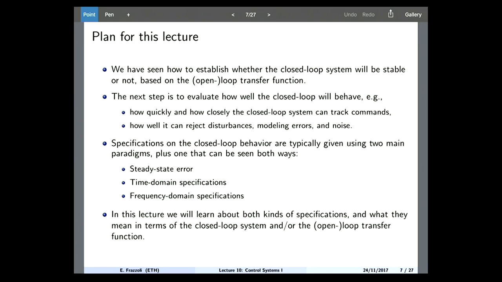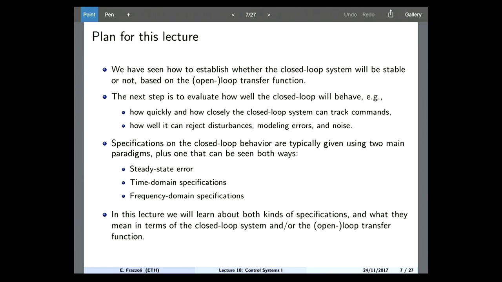So frequency domain specification is really a way to separate the good signals that you want to track from the bad signals that you want to ignore. Typically, good stuff happens at low frequencies, bad stuff happens at high frequencies. And this is what we are going to do next.